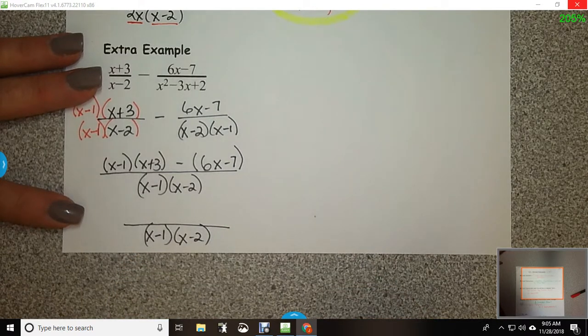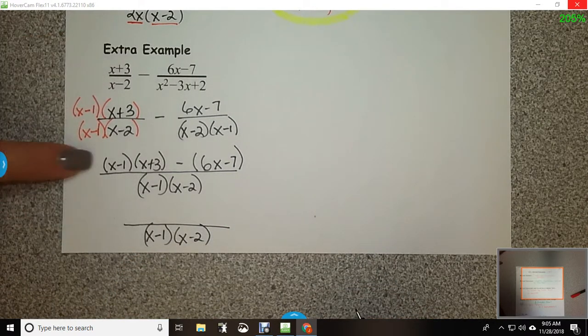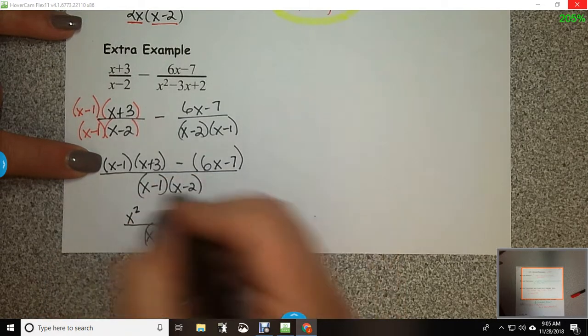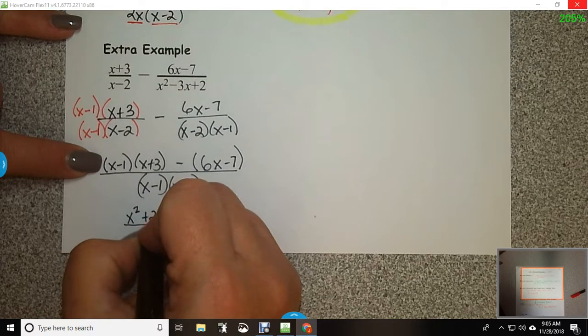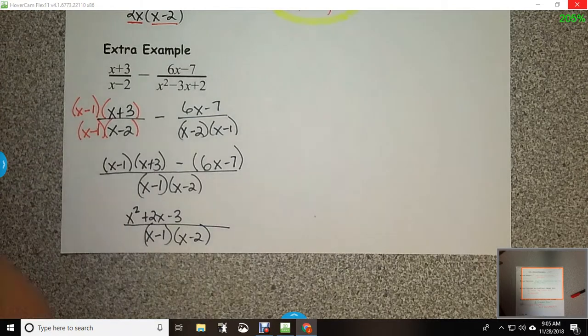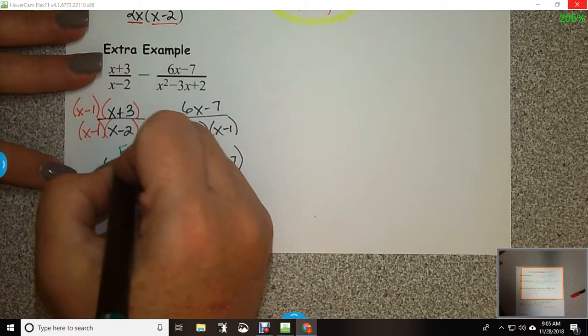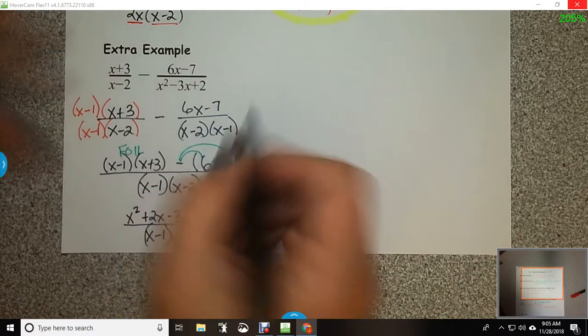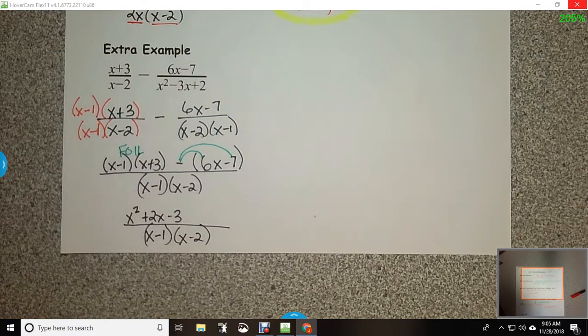So now on the top, to get rid of my parentheses, I have to do FOIL with these two right here. When I do FOIL, I'm going to get x squared plus 2x minus 3, okay, and that was FOIL. Then I'm going to distribute this negative to both of those.